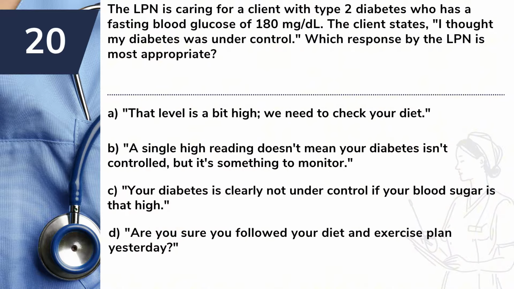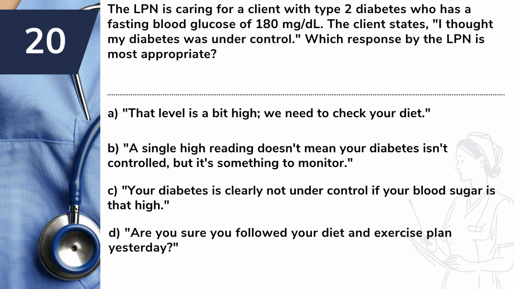Question 20. The LPN is caring for a client with type 2 diabetes who has a fasting blood glucose of 180 milligrams per deciliter. The client states, I thought my diabetes was under control. Which response by the LPN is most appropriate? A. That level is a bit high. We need to check your diet.